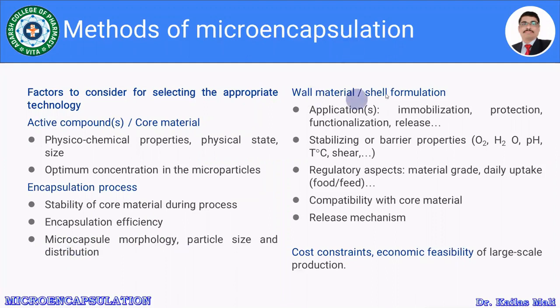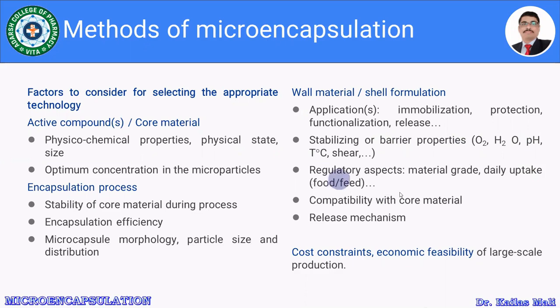Then the wall material or shell formulation, we have to consider the immobilization, protection, functionalization, then how it is going to affect the release of the drug from the wall material, then the stabilizing and the barrier properties which are related with the oxygen, then the hydrogen, then the pH, then mechanical and so on.